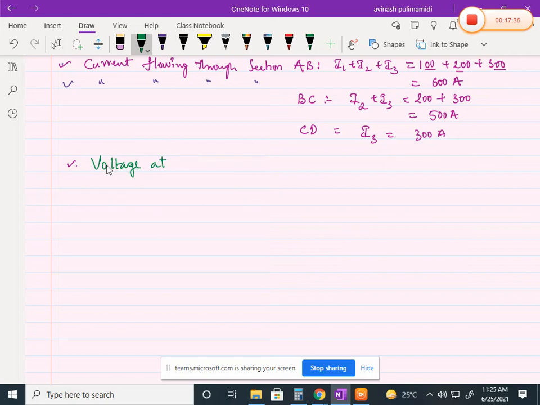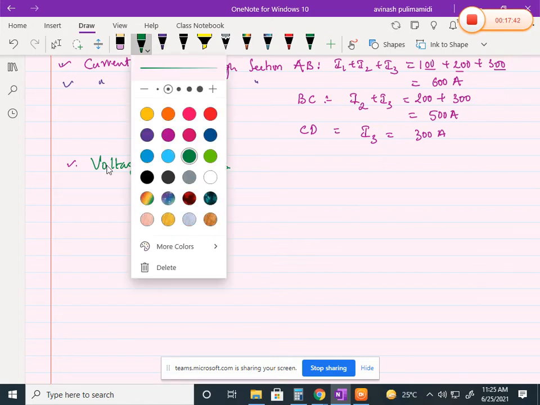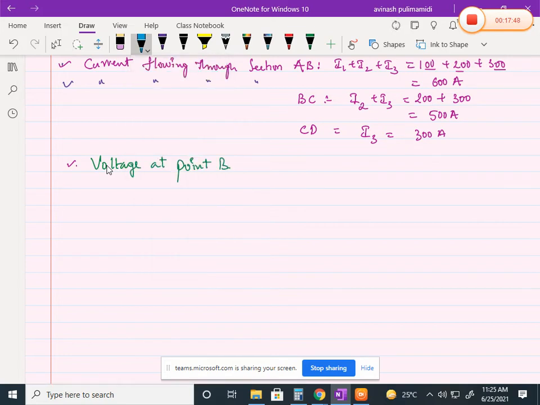Voltage at point B, V suffix B, is equal to voltage at A minus voltage across AB.